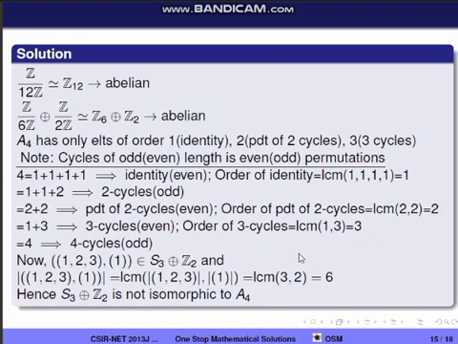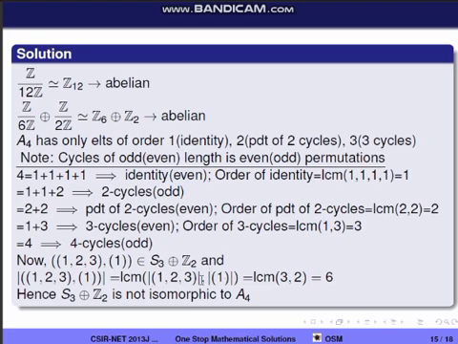Okay. So now we consider an element in S3 plus Z2 as (1 2 3, 1). Now I'm finding the order of this element. So the order of (1 2 3, 1) is equal to the LCM of the order of (1 2 3) in S3 and the order of 1 in Z2.